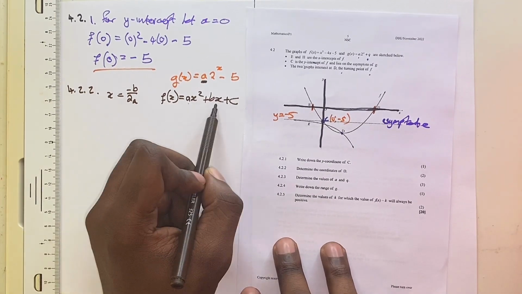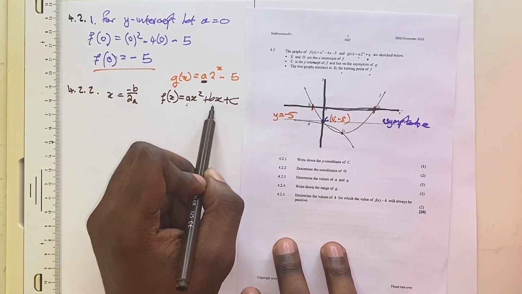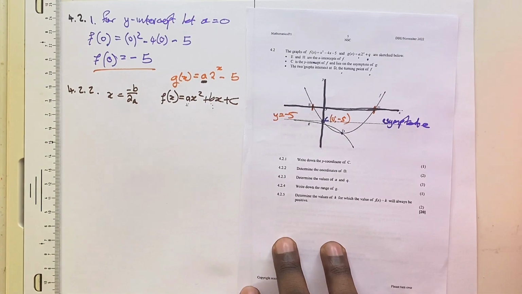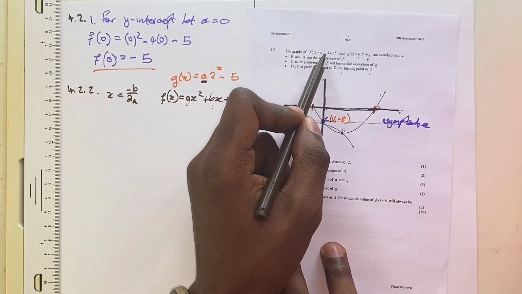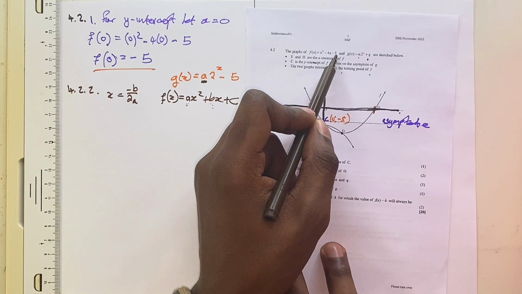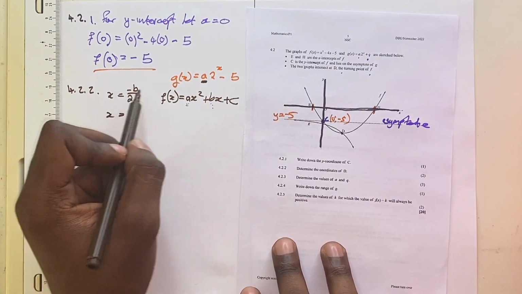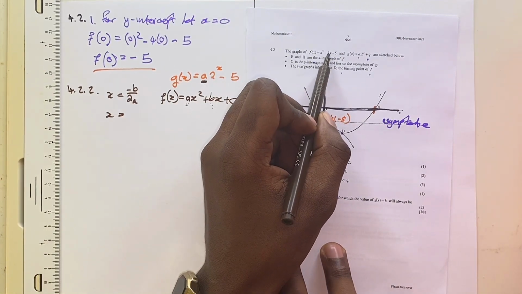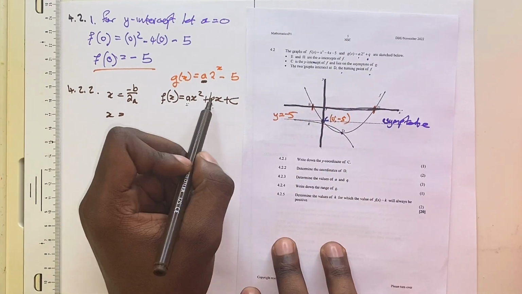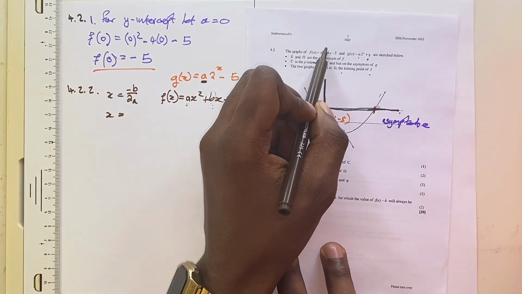So this is where we are going to take our a and b. Now for this function x squared minus 4x minus 5, what is b? b is equal to minus 4.